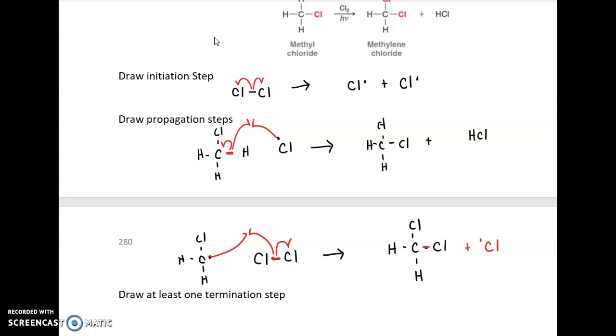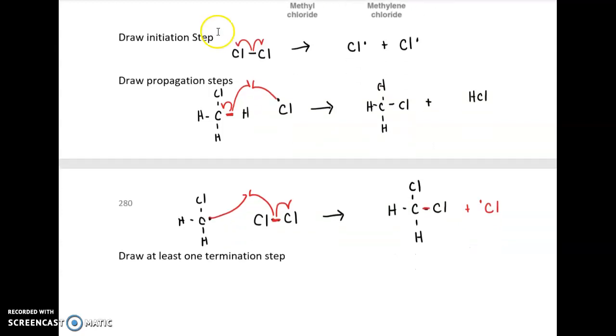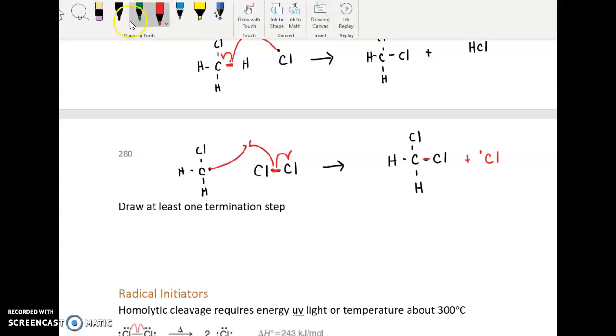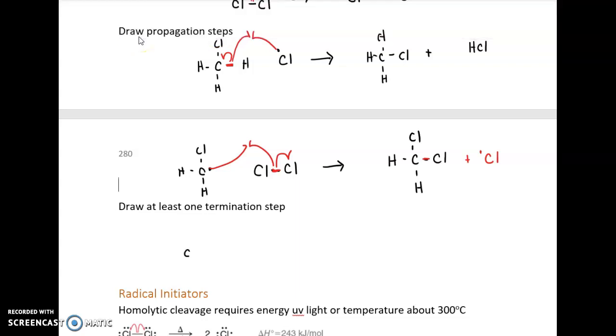So our directions ask us here to draw one termination step. Termination step is any time two free radicals come together. So let's say we've got this free radical, and instead of meeting a chlorine molecule, it meets a chlorine radical.